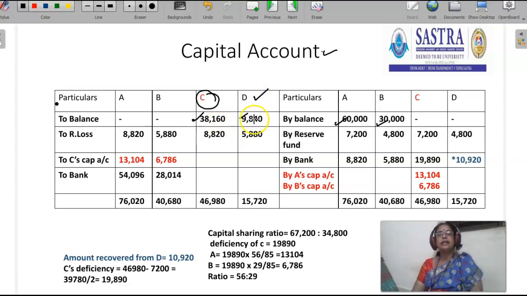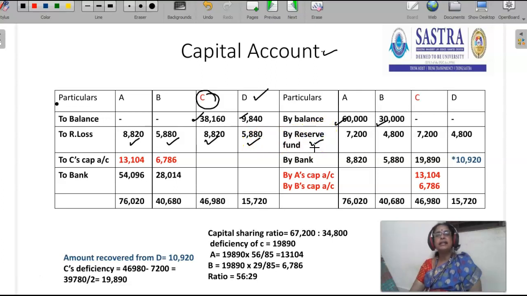Even though he has the debit balance, he is not declared as insolvent. Then we have to transfer the realization loss to all the partners. So A's share of realization loss is 8,820, B is 5,880, C is 8,820 and D is 5,880.